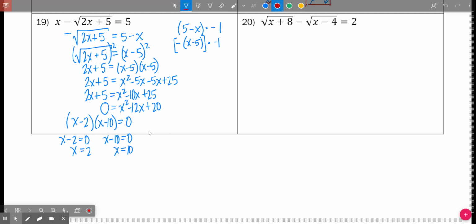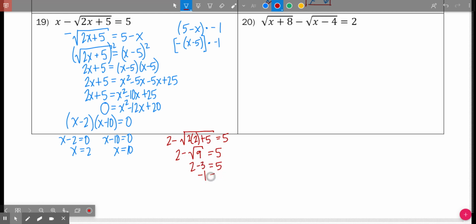When I substitute those values back in, I have 2 minus the square root of 2 times 2 plus 5 has to equal 5. So this is 2 minus the square root of 9, since 4 plus 5 is 9. And I have 2 minus 3 equals 5.